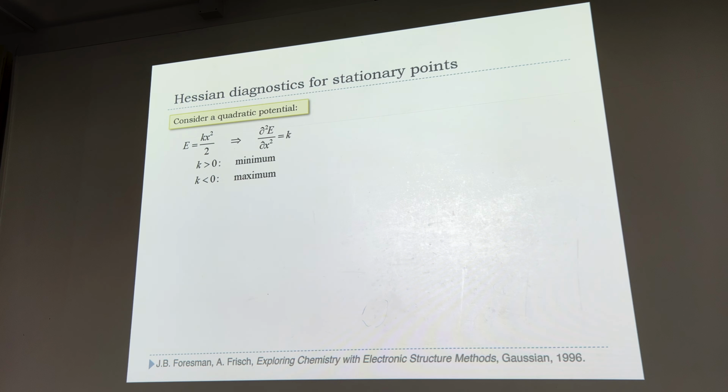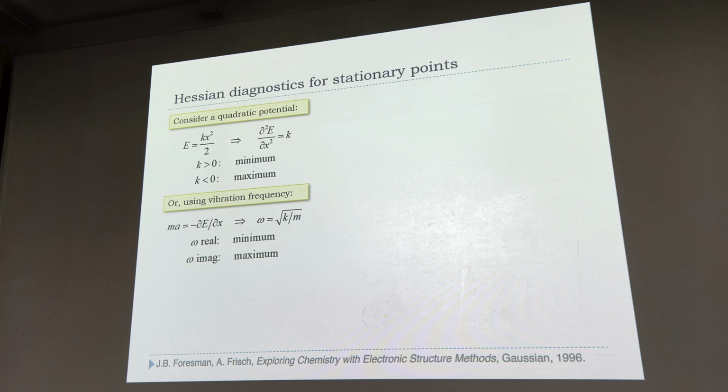Now, this is a mathematical formulation of that. A more physical thing is if we consider instead the vibrational frequency of that ball on a spring. So we say, okay, F equals ma, the force is the gradient of the energy, minus, so things move downhill on the energy surface, that's where the forces are pointing.